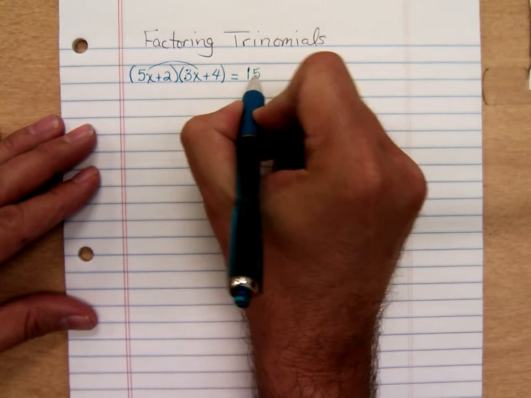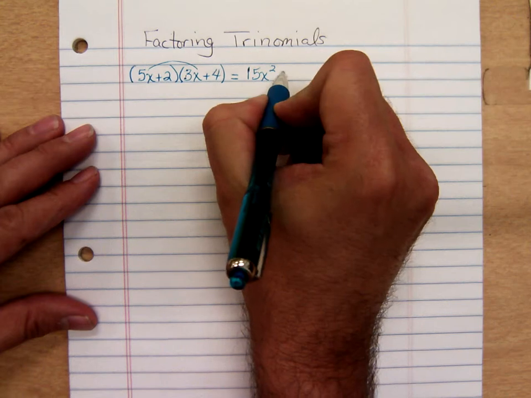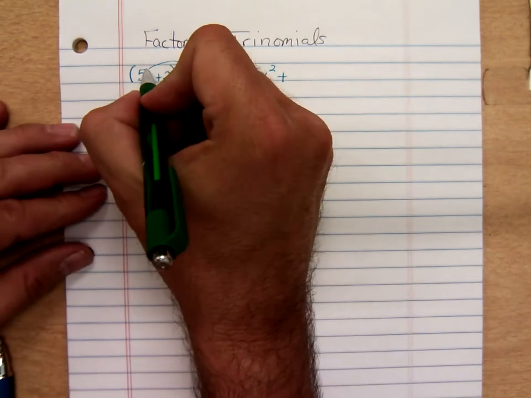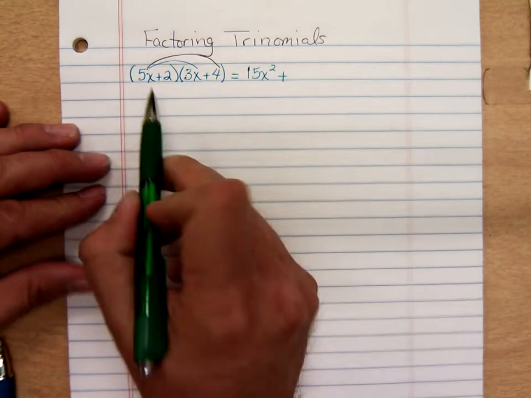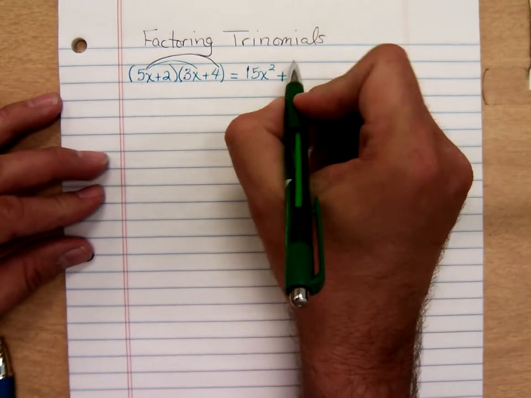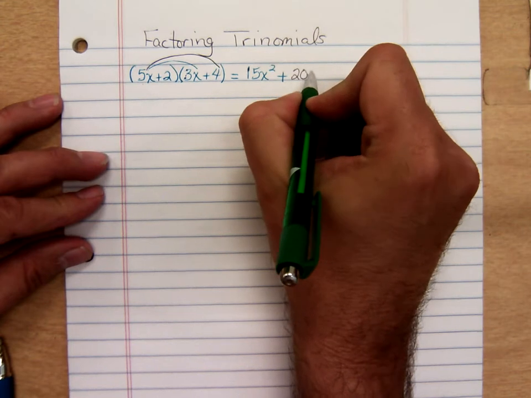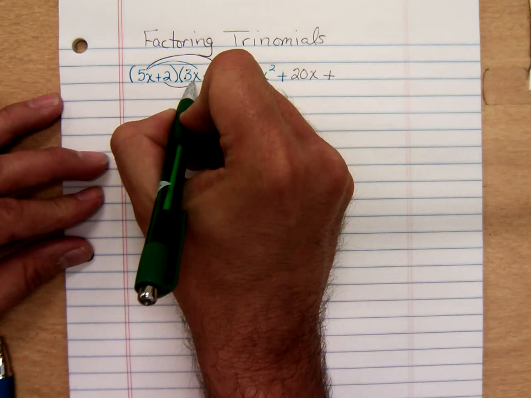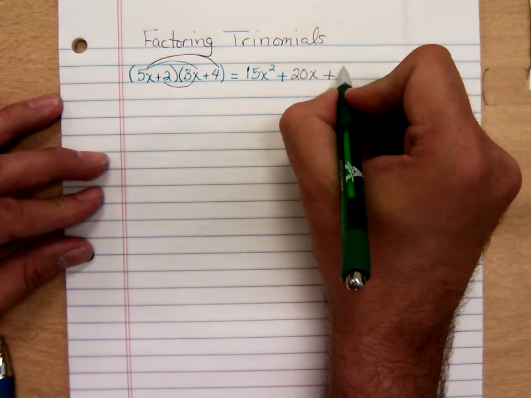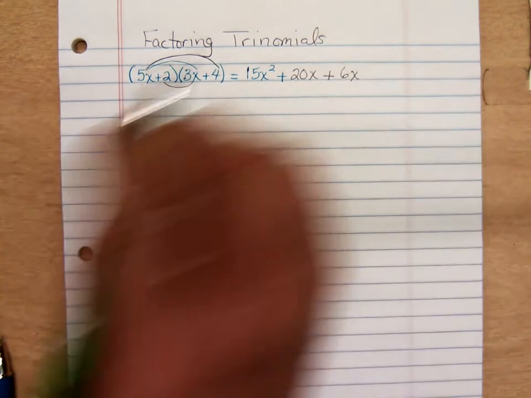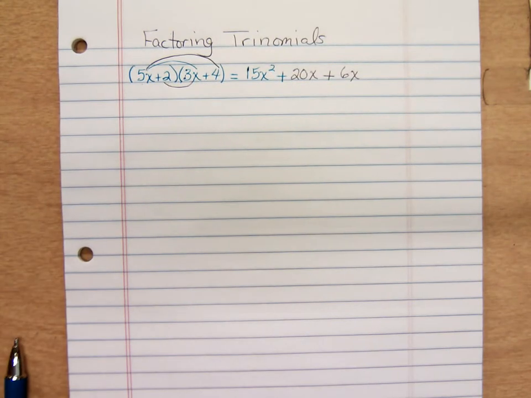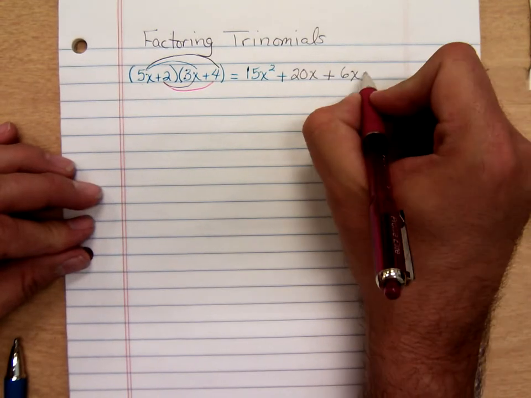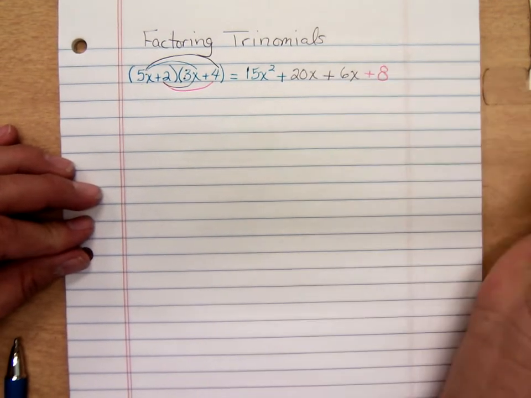That's 15x squared, plus, let's do the outer terms. 5x times 4, that would be a 20x. And the inner, 2 times 3x, 6x. And then finally, the last two terms, 2 times 4, 8.